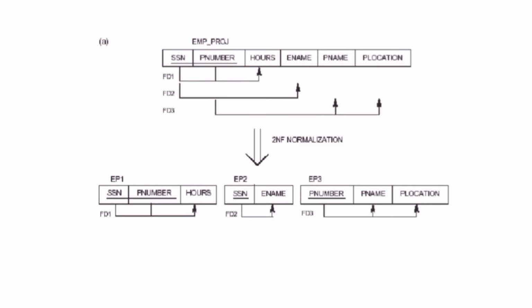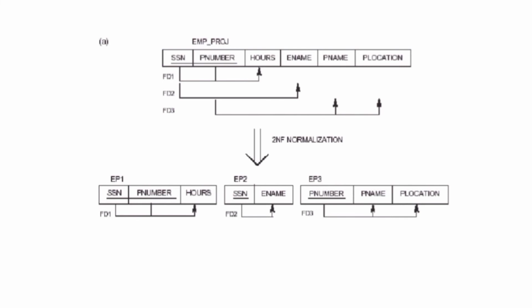In the same way, project name and project location are fully functionally dependent on project number. You can ask why: I can't identify project name and project location if I don't have the project number.